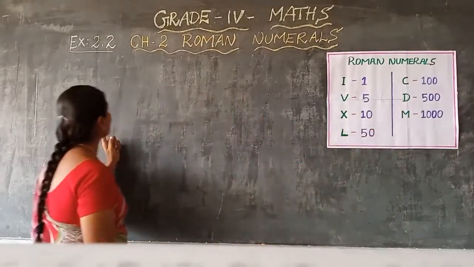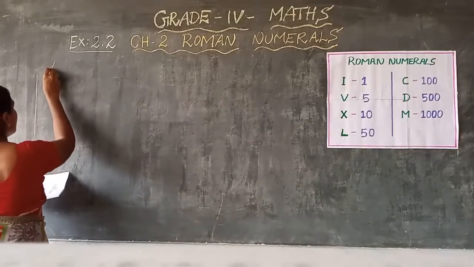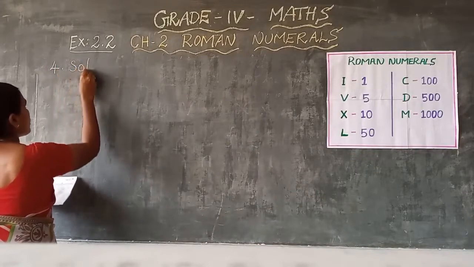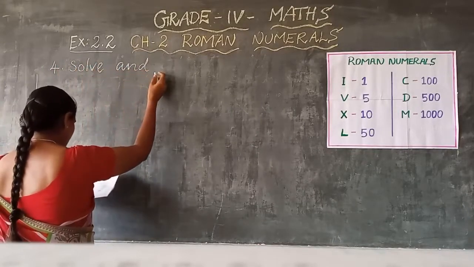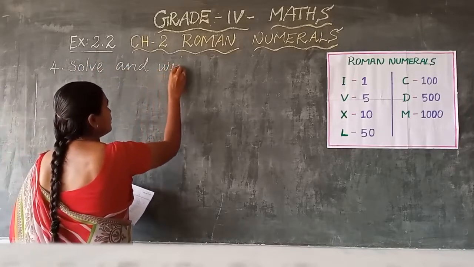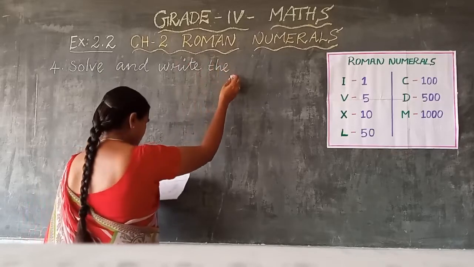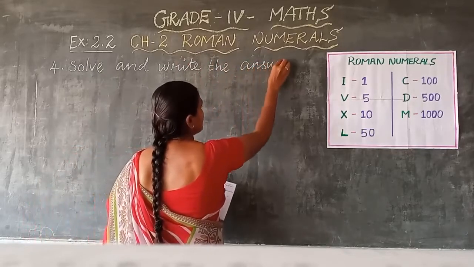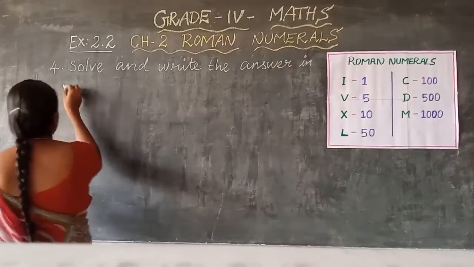So, now exercise 2.2, fourth one. Solve and write the answer in Roman numerals.